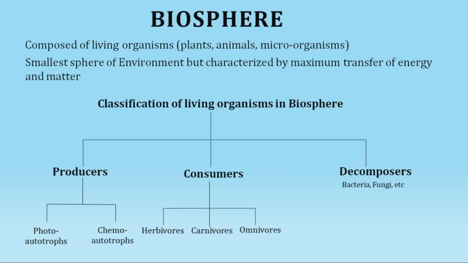They degrade the complex food material or organic matter present in the decayed material and convert it into simpler nutrients and minerals and consume it as food. So that was the classification of living organisms in the biosphere.